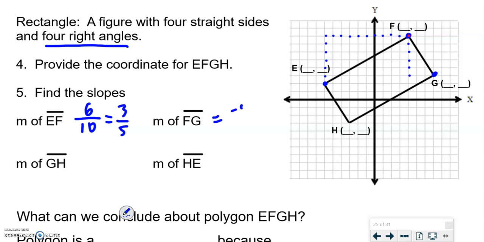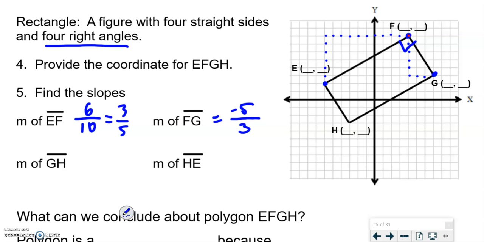So it's -5, and the run is 1, 2, 3. So far you can see that the slope between EF and FG are opposite and inverse. Meaning if you take 3/5, you flip it upside down, change the sign, then you have -5/3. So therefore, we know that these 2 are perpendicular to each other.